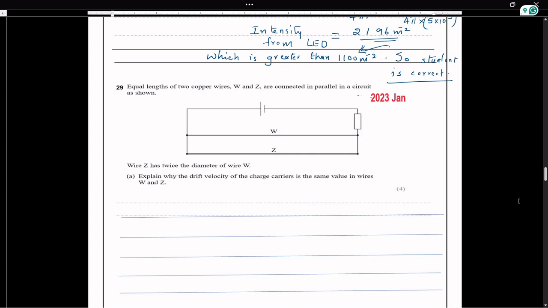Z has twice the diameter of wire W. So the diameter of wire Z is greater than the diameter of wire W, twice the diameter. Therefore, we can say that the area of wire Z is greater than the area of wire W.